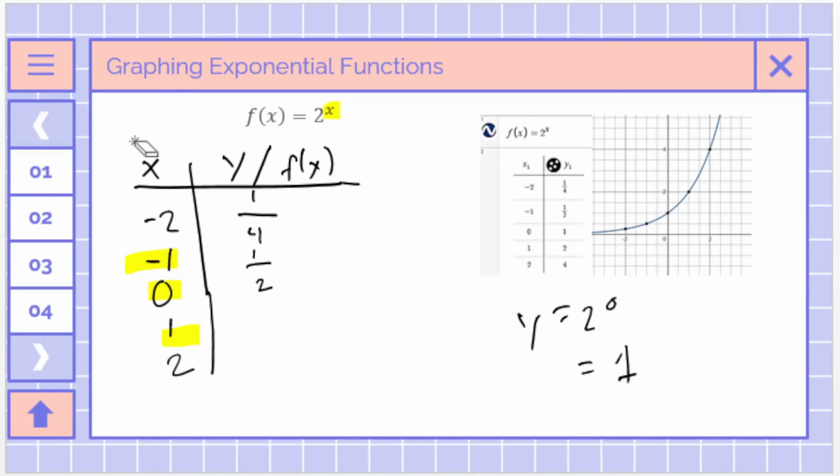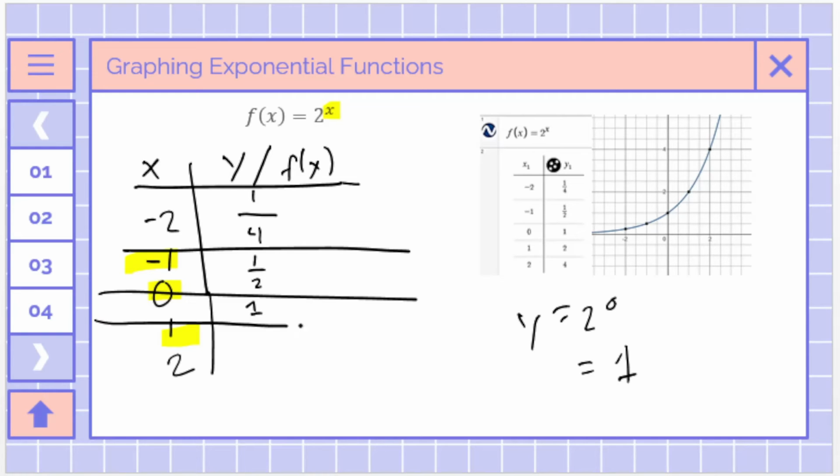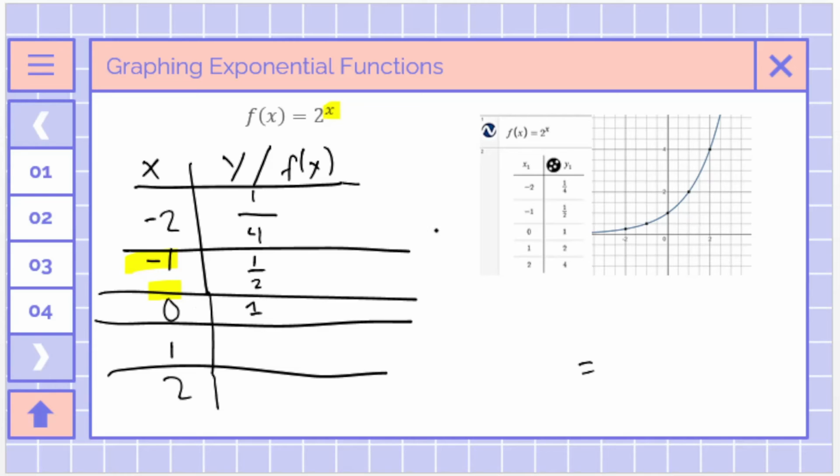Right? So, 0, 1. Then 1/2. Okay, so y is equal to 2 raised to 1 is just 2, right?